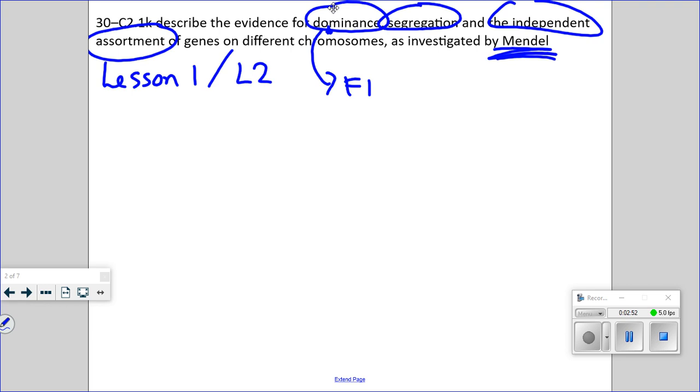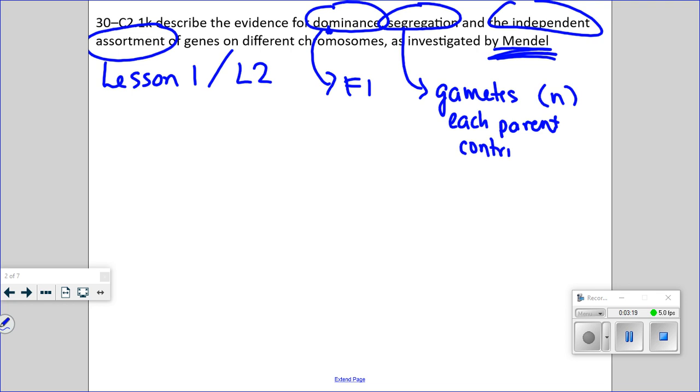The second thing that Mendel talked about was segregation. So remember, this is the one that's referring to gametes being haploid. It's the one that's referring to the idea that gametes only get one of a parent's 2 copies of whatever chromosome or gene we are referring to, and that each parent contributes to the offspring.